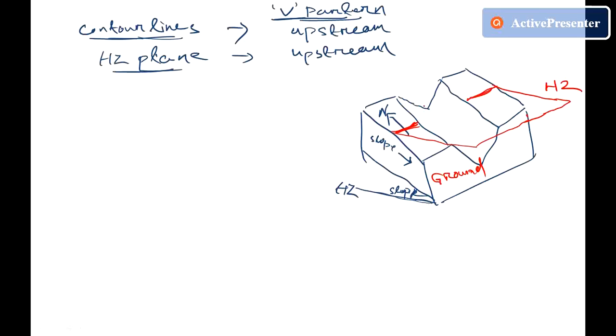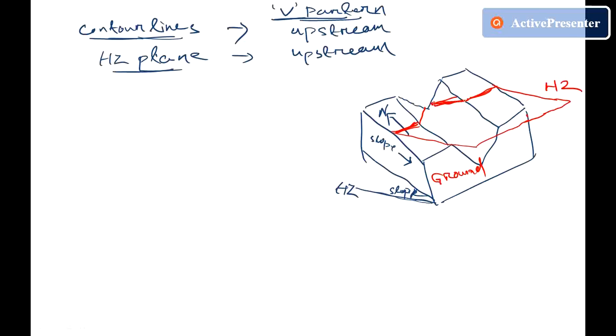If you are going to find the intersection of this horizontal surface with this sloping belly, then how will the outcrop be, or how will the intersection be? The intersection will be somewhat like this, right?